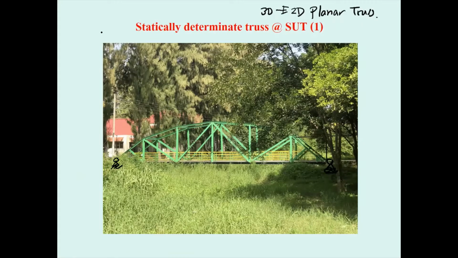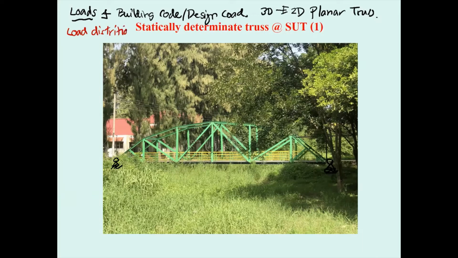Okay, in the standard theory of structures, you must determine the load that's applied to this truss based on the building code, the related design code. And from the load, you must do the so-called load distribution. That means you have to distribute the load from the floor to the beam.